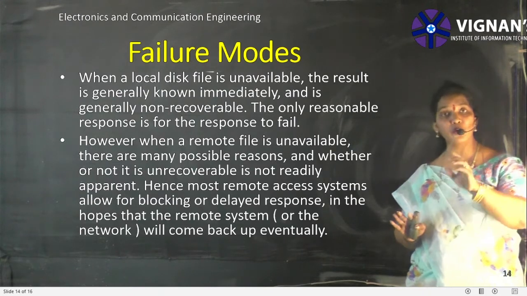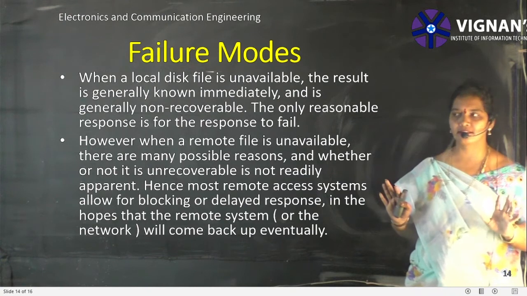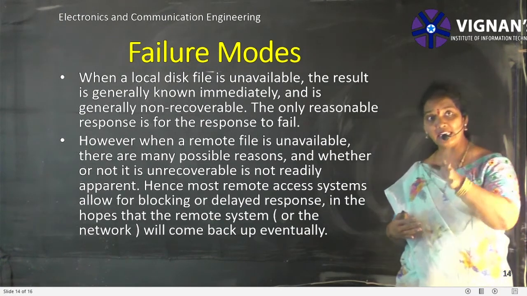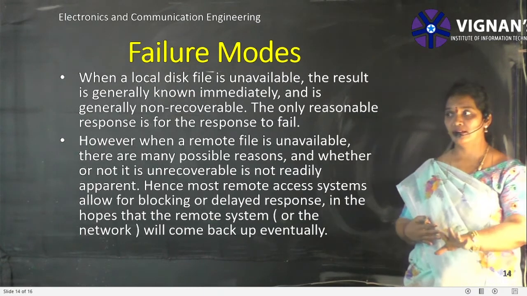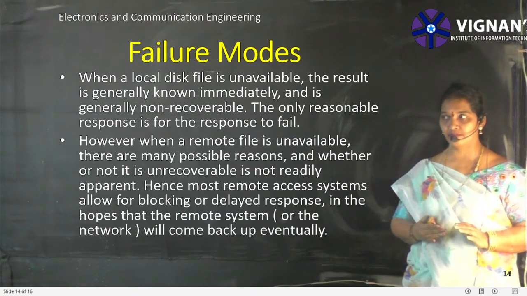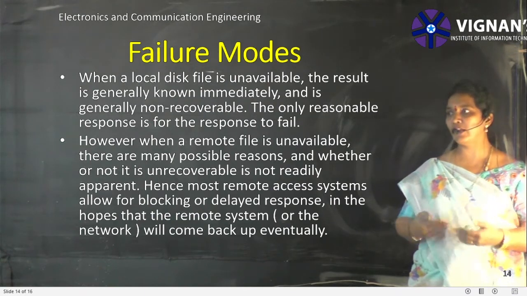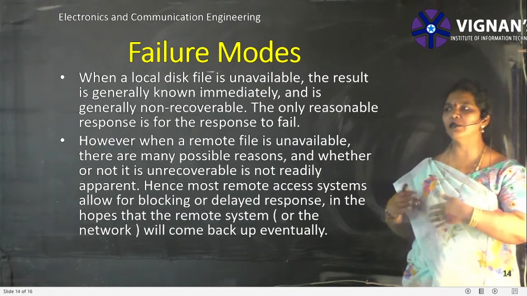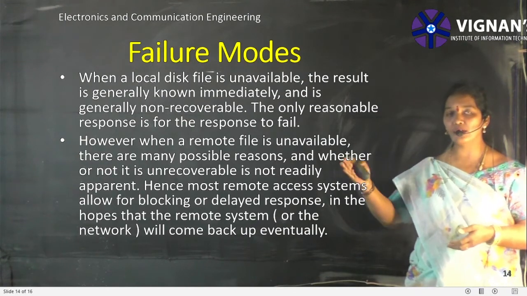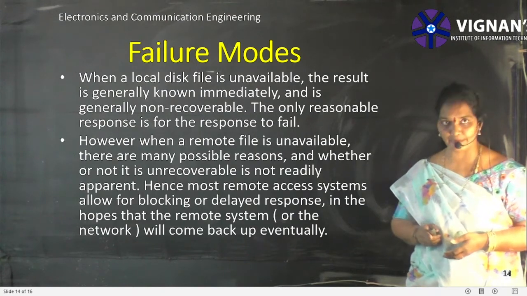However, when a remote file is unavailable, there may be many possible reasons, and whether or not it is recoverable is not readily apparent.